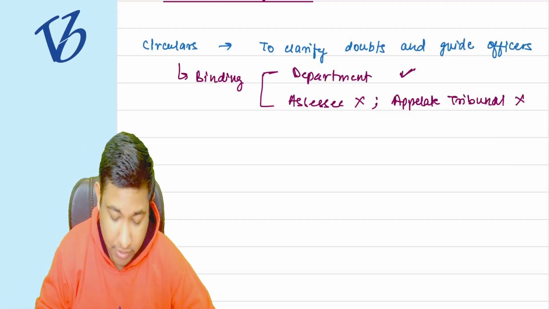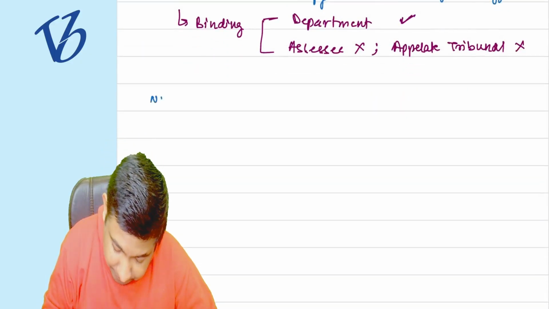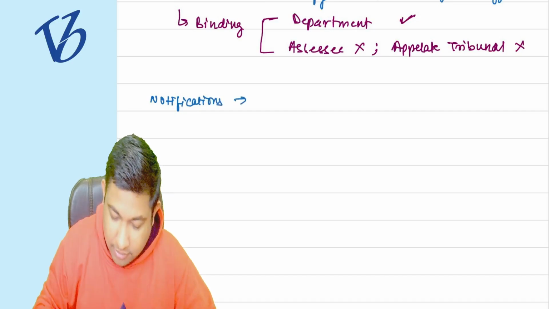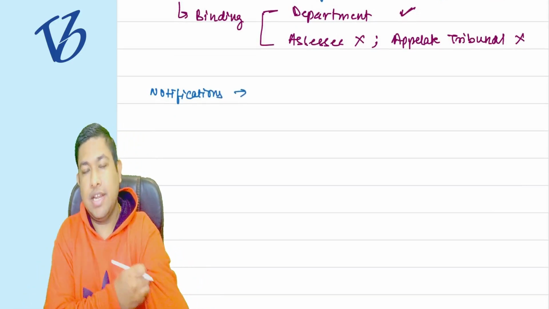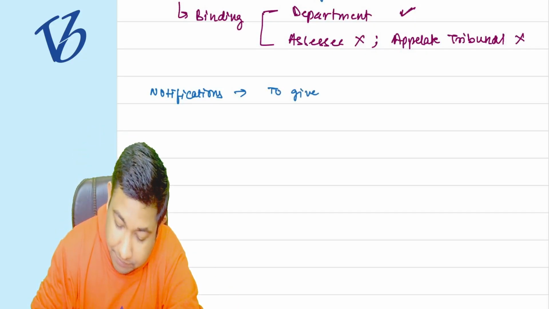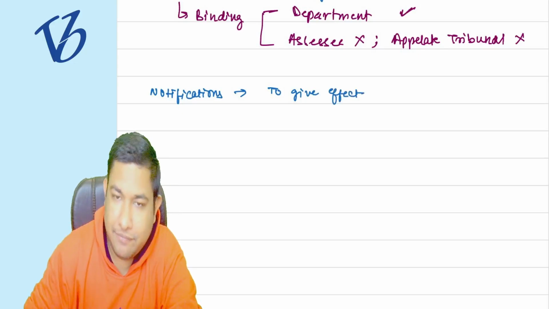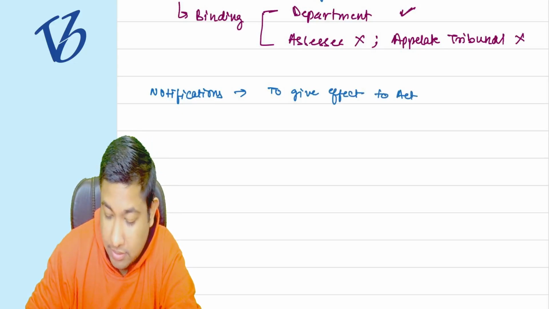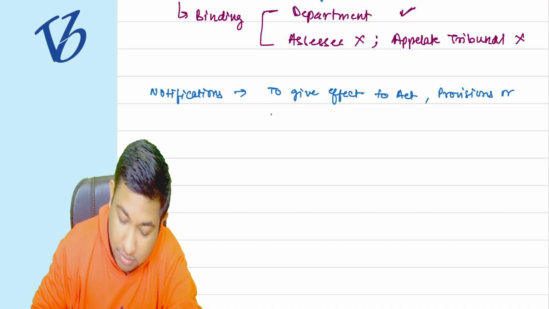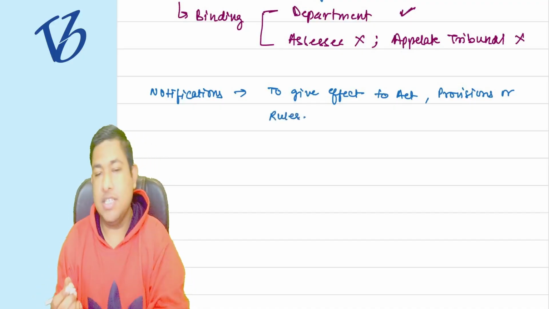Yes. Moving forward to the notifications. What are notifications that are issued by the CBDT? They are issued to give effect to certain provisions or rules of the act. What does it mean?